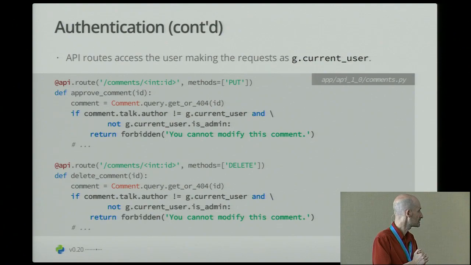And if it's not, I return another one of my wrapper errors, forbidden. So there's unauthorized, which would be when you need to ask the client to provide authentication. And forbidden is when the client provided authentication, but it was not sufficient. So this is appropriate here.